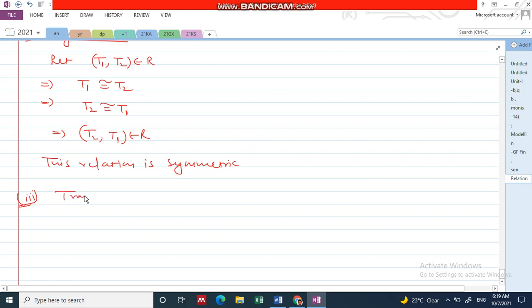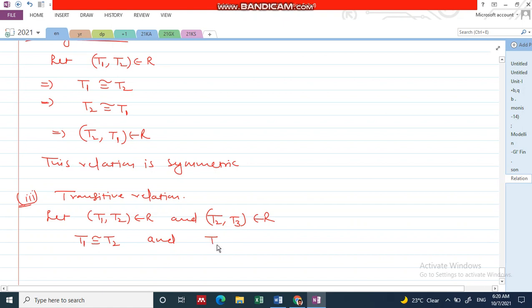Now number three, transitive relation. Let (T1, T2) be a member of the relation, and (T2, T3) is also a member of the relation. As (T1, T2) is a member of the relation, it means that T1 is congruent to T2. And (T2, T3) is also in the relation, it means that T2 is congruent to T3.